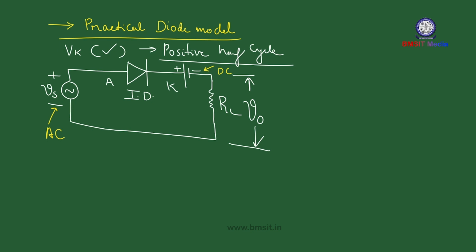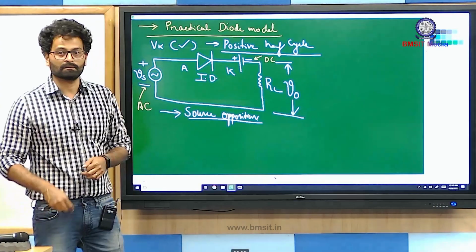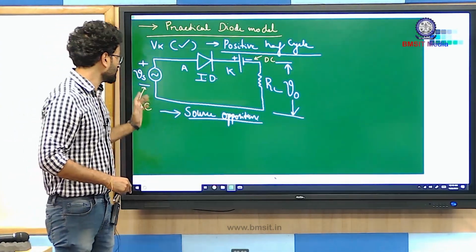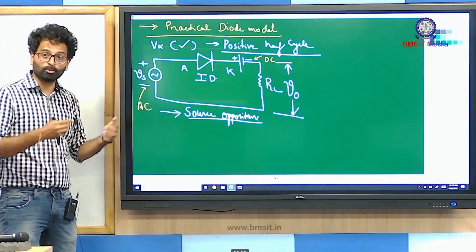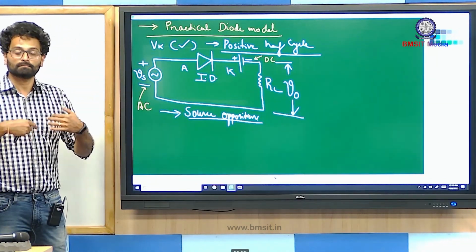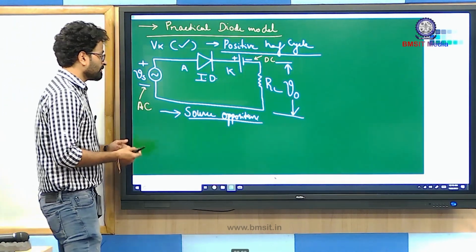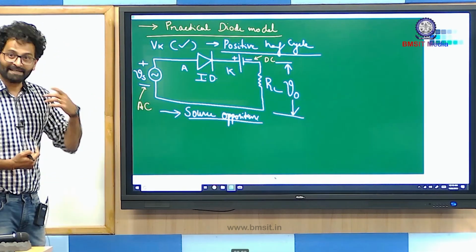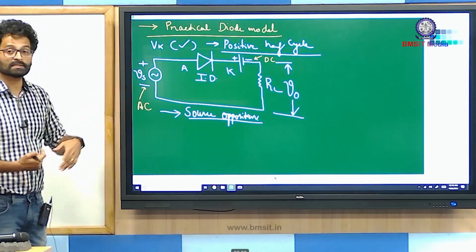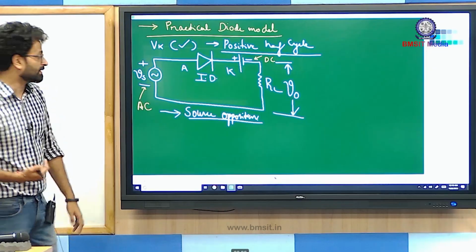Now, in this case, the first step is to look for source opposition. Why source opposition? Since there are two sources, you have to check whether the two sources are opposing each other or helping each other. That can be easily checked by looking at the direction in which the two sources try to circulate the current.